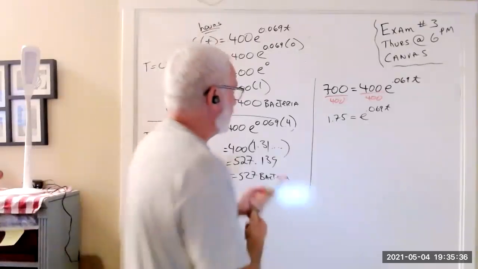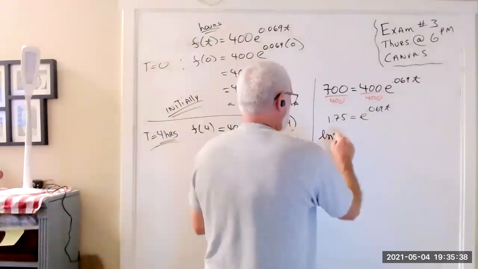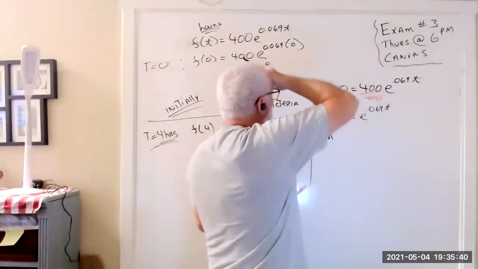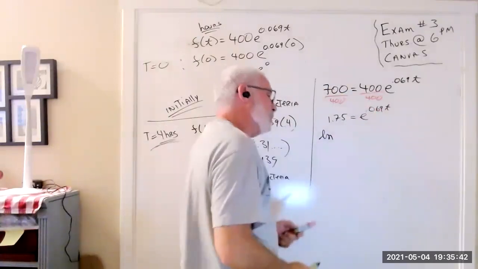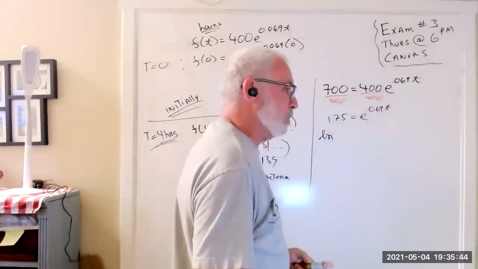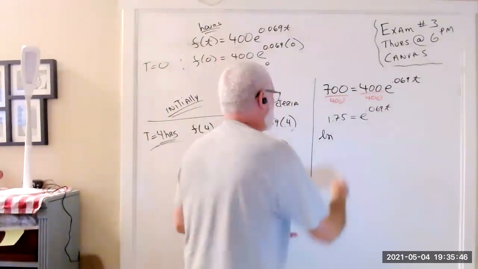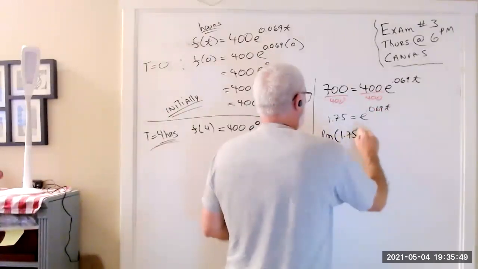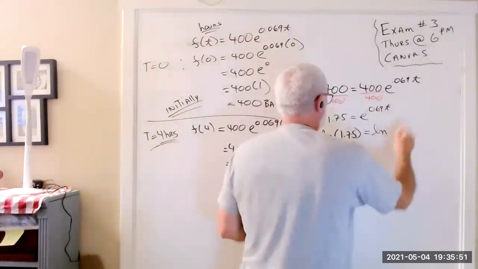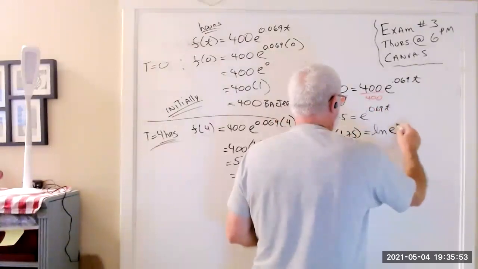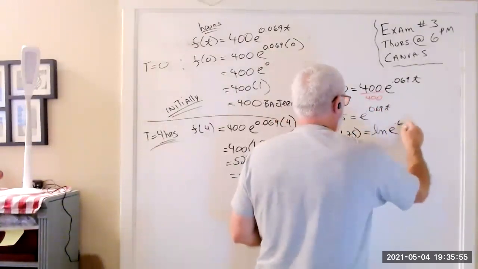Okay. So we ln both sides. Do you want me to ln both sides, or do you want me to use the other rule? Let's ln. It's actually better on this one to ln because it's got an e in there.